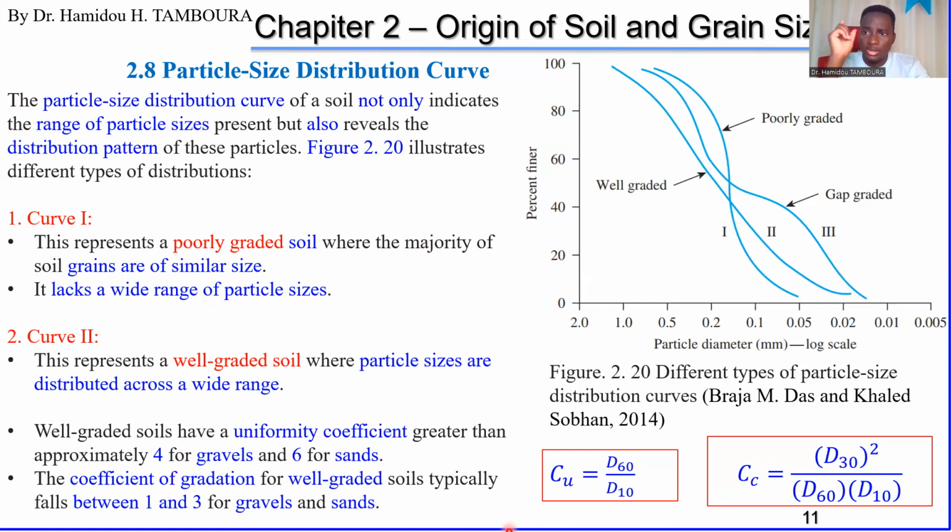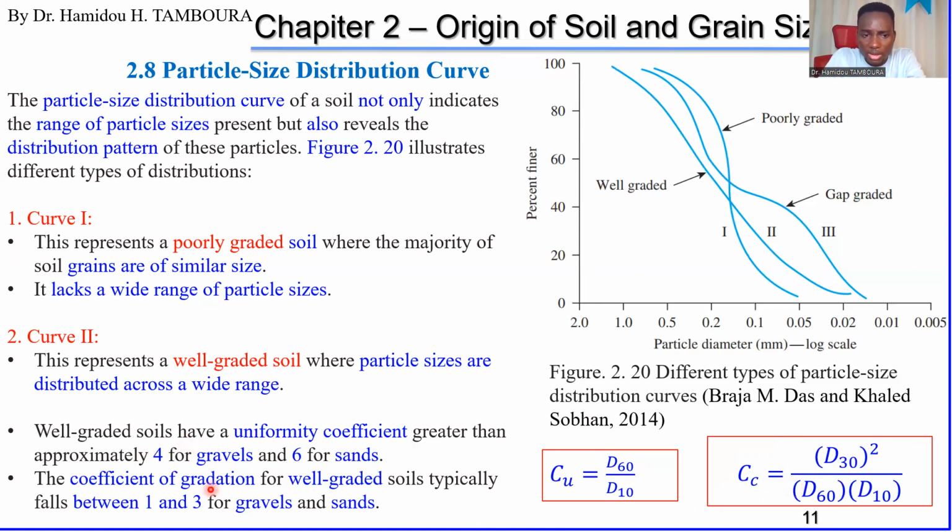It means that for sand, if you have determined that your soil has particle sizes that fall within the size of sand according to the classification you are using, and you find out that the uniformity coefficient is around 6 or greater and the coefficient of gradation is between 1 and 3, then this is well-graded sand.